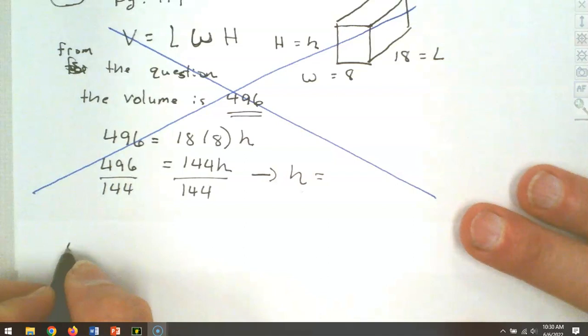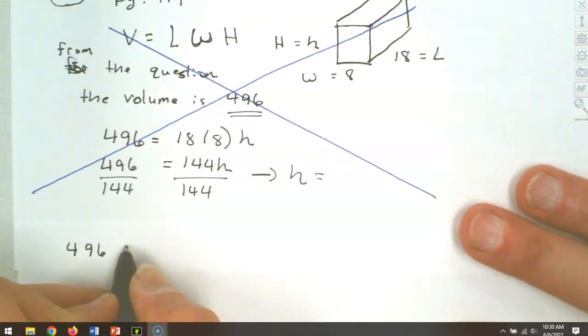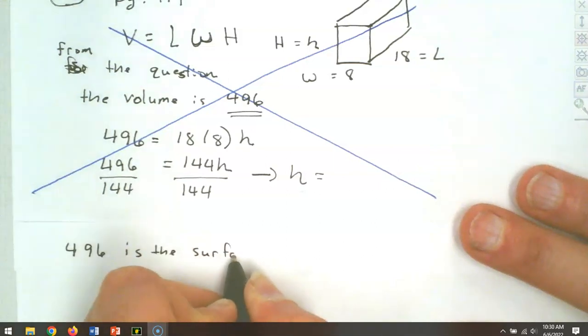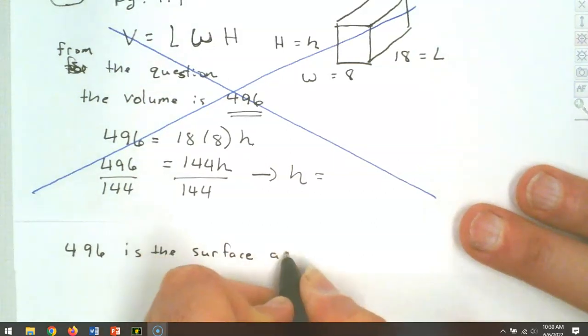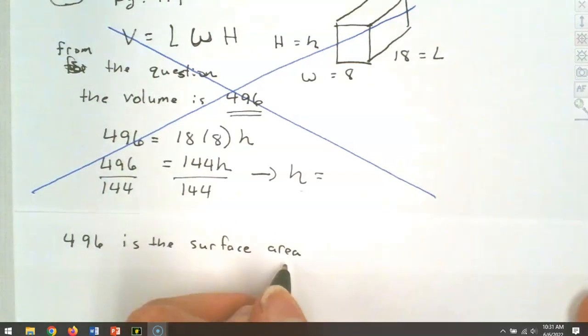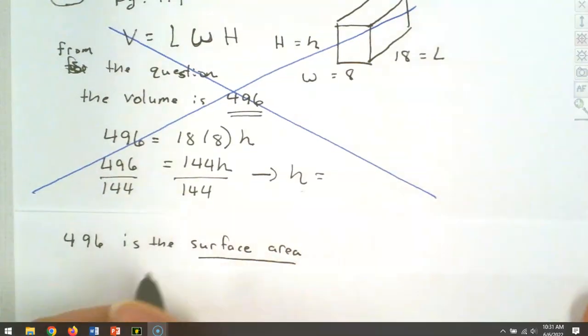So that 496 is not our volume. 496 is the surface area. Right? Because that 496 should be the surface area. We did the volume. So you see the mistake there. Mistakes happen. How did I know I made a mistake? It didn't quite make sense.